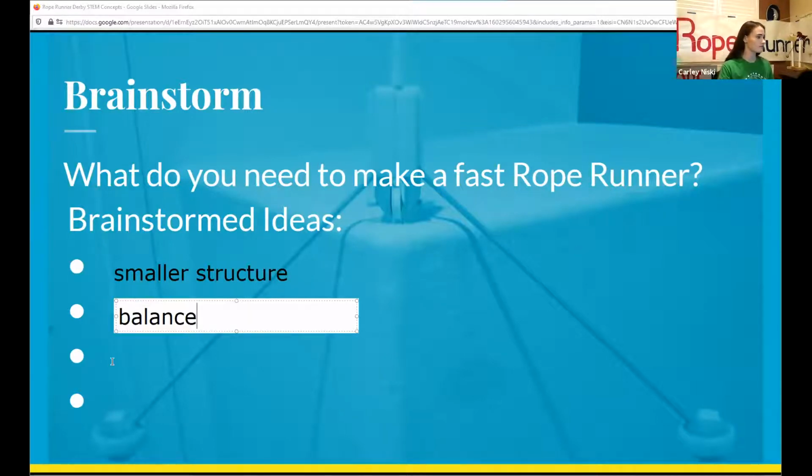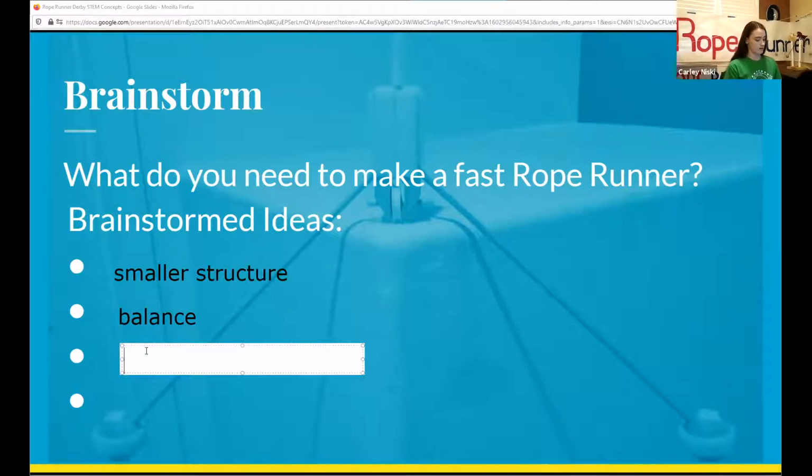Someone said weight, okay. Weight can sometimes matter. Okay, so weight matters based off of air resistance. So if you have a lot of air resistance, then you're going to need more weight.